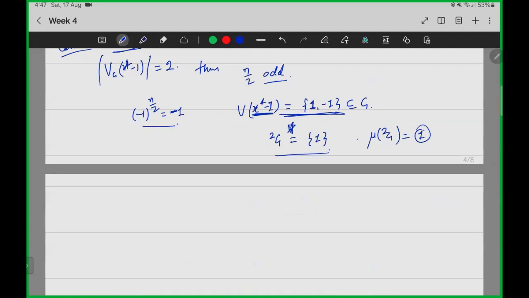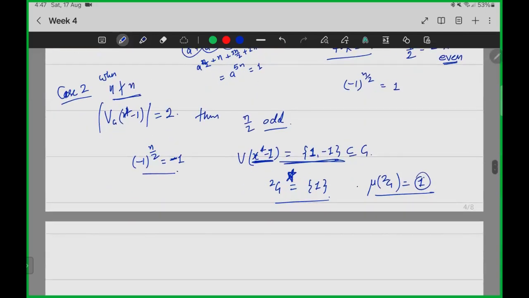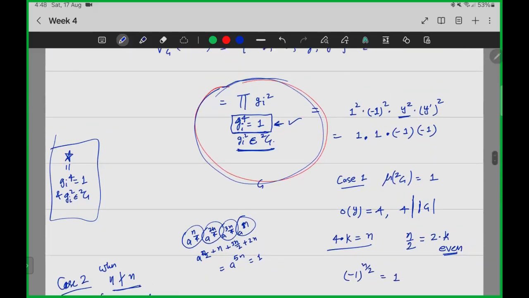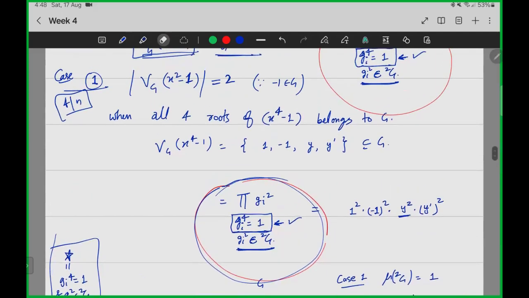So with this condition star, 2G is nothing but just 1, and we get mu of 2G as 1, and hence minus 1 to the power n by 2 into mu of 2G is minus 1 into 1, so minus 1. Okay, now coming to here, the mistake we were making is this. We have 4 elements, 1, minus 1, y, and y prime inside G, with the extra condition that they are roots of x to the power 4 minus 1. Now, which of them are squares?